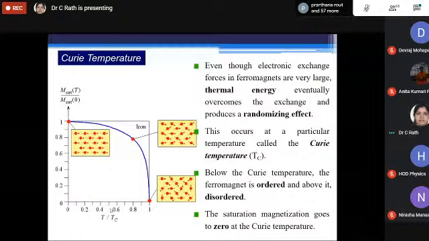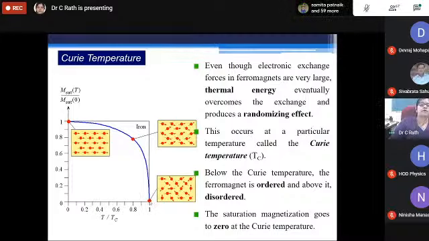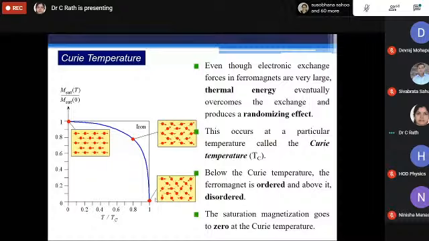Up to 0.5 of Tc, the slope is almost the same, and above that it decreases significantly, almost to zero. It is not exactly zero; you will never get zero magnetization at Tc, rather it is very small. That's why above Tc one measures the susceptibility, and from its paramagnetic-range behavior one can find out whether it is paramagnetic or not.